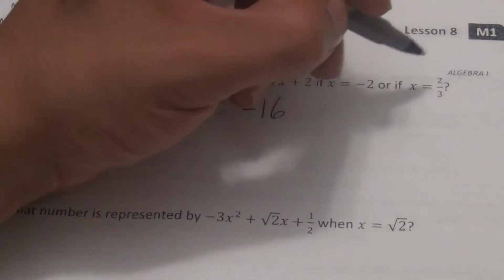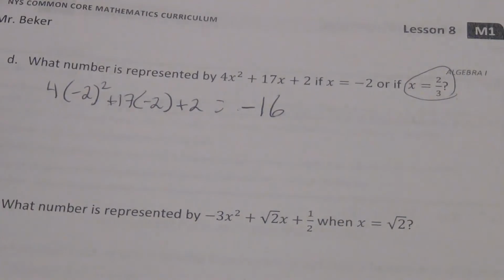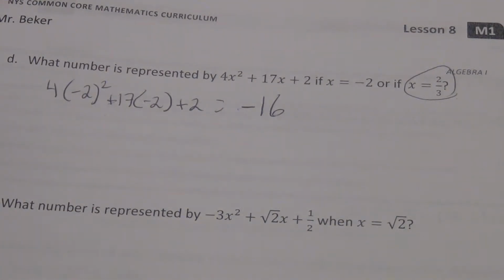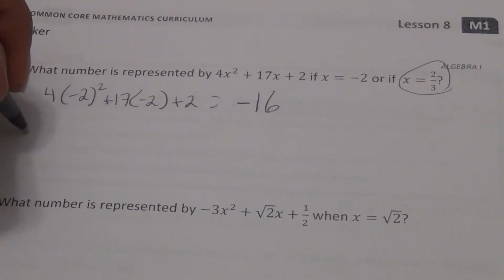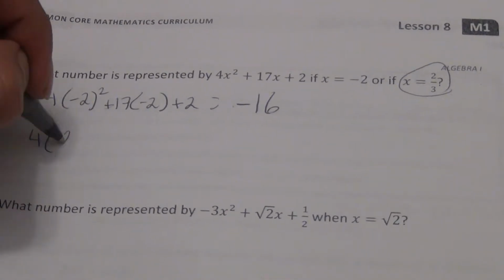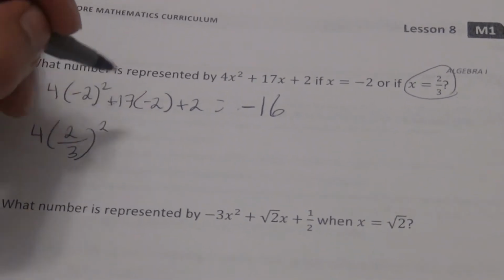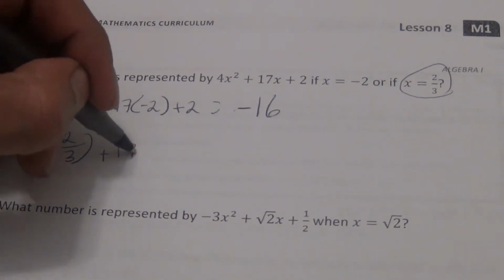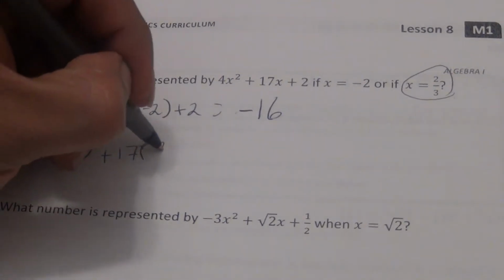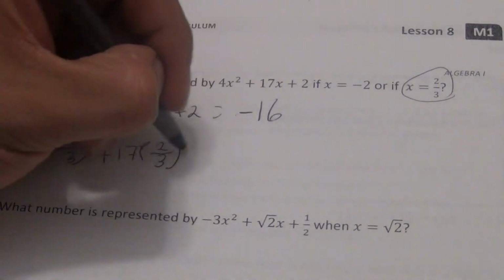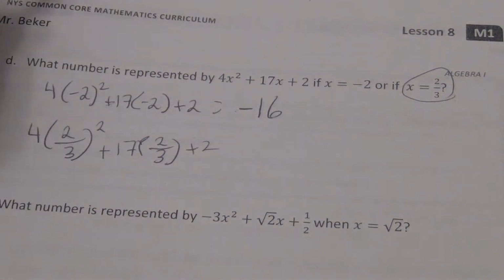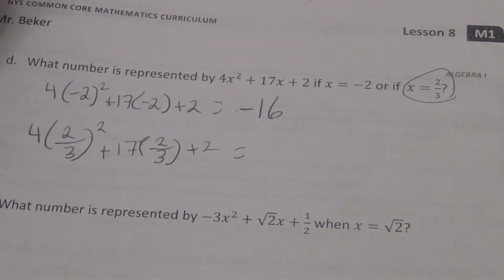Now let's try when x is 2/3. So we get 4 times 2/3 squared plus 17 times 2/3 plus 2. I'm going to go the extra step.